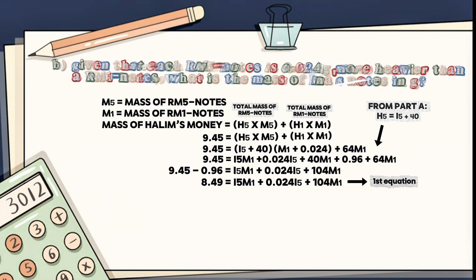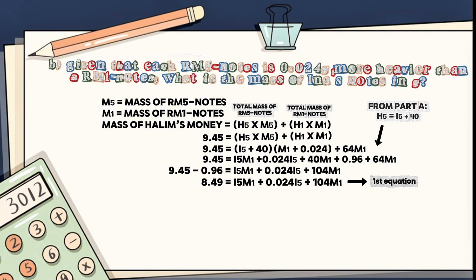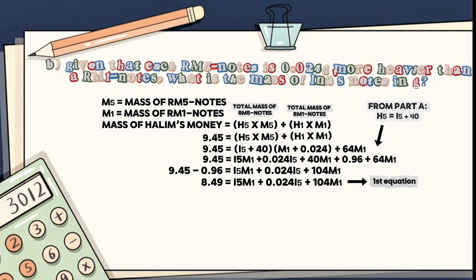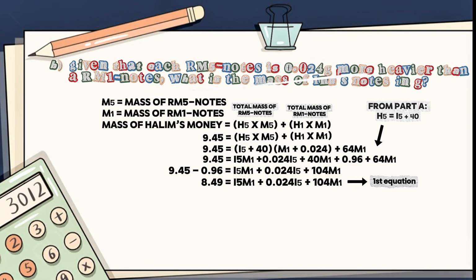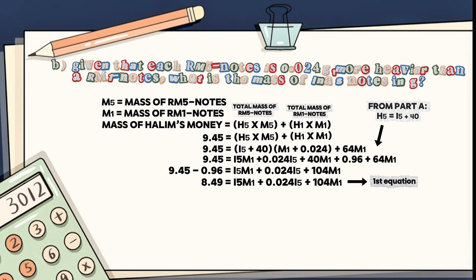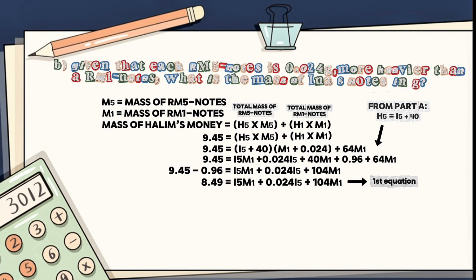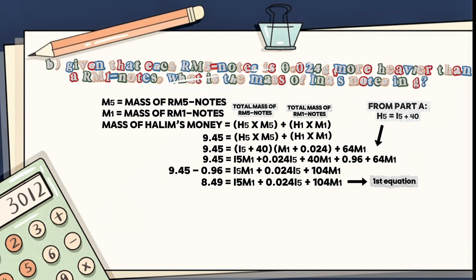After some multiplication, we get 9.45 equals I5 multiplied by (M1 plus 0.024), plus 40 M1 plus 0.96, plus 64 M1.